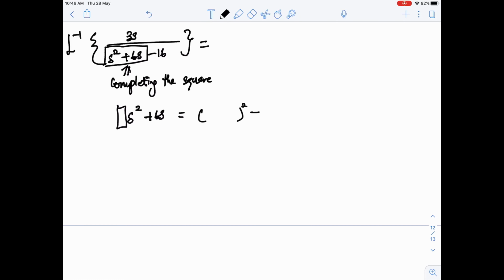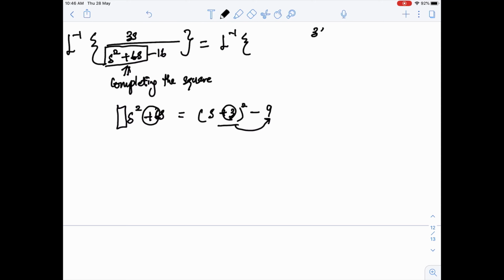template, where what you want to complete is s, and then you just need to put over here half of this one. Half of 6 is 3, and then you need to put over here the square of this term. Then the square of this term is 9. So you already complete the square. And then what you need to do is combine it together.